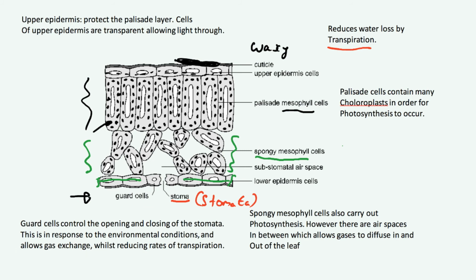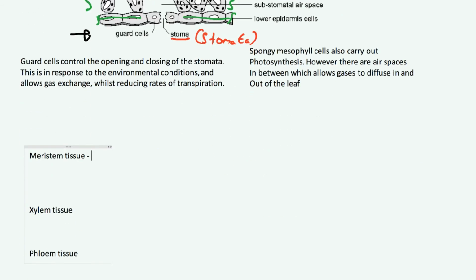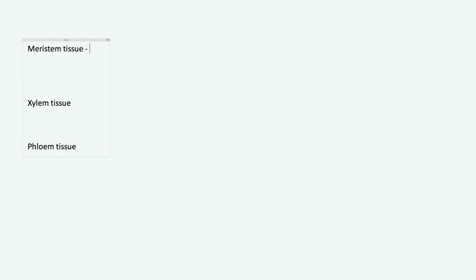Okay, now there are three more types of tissue I want to mention really briefly, and I'm not going to label them on this diagram because I think this diagram is full up as it is, but those are the following. So we have meristem tissue, xylem tissue, and phloem tissue. Okay, now meristem tissue basically is the plant's version of stem cells. Okay, but plants have meristem on the tips of growing roots and shoots.